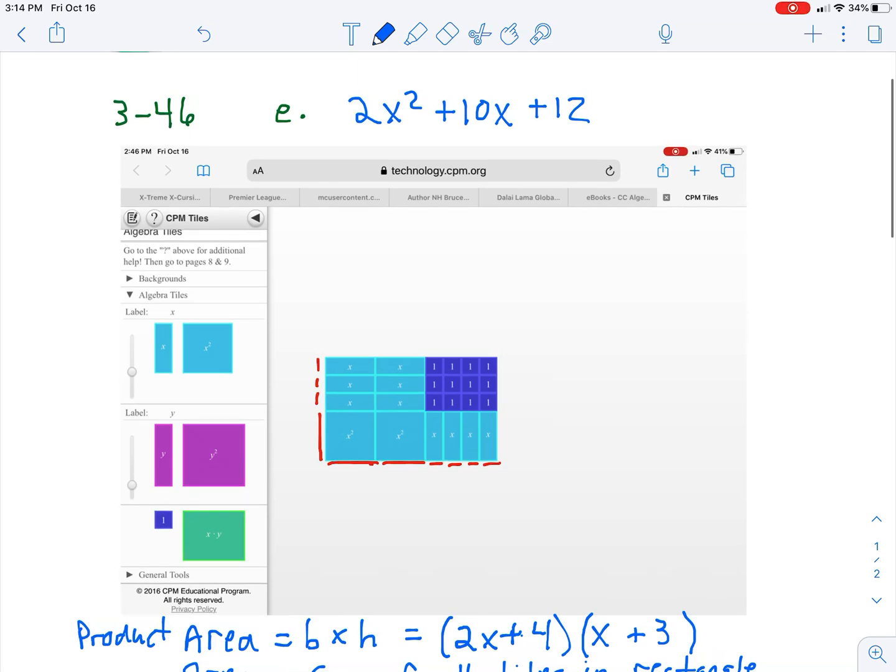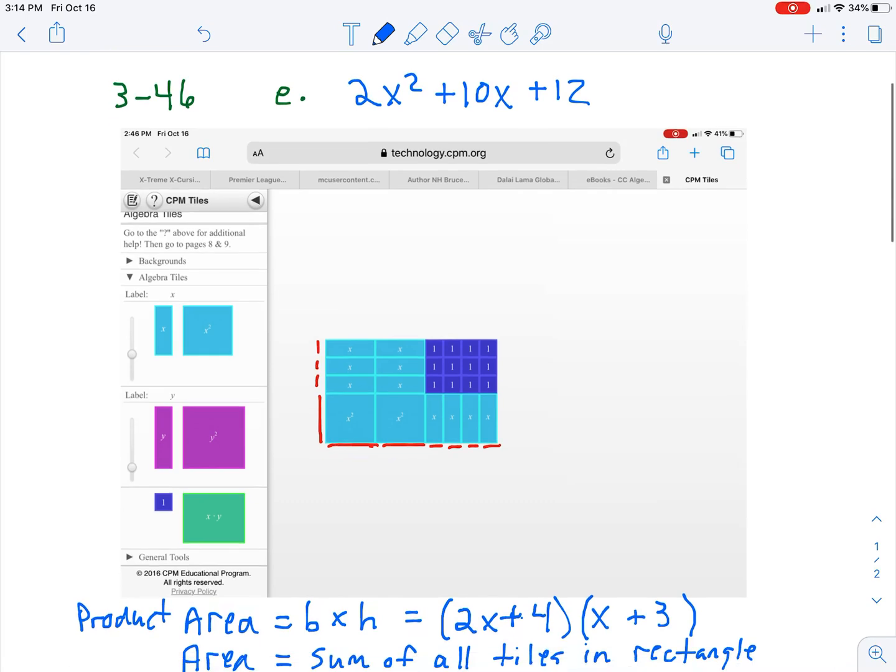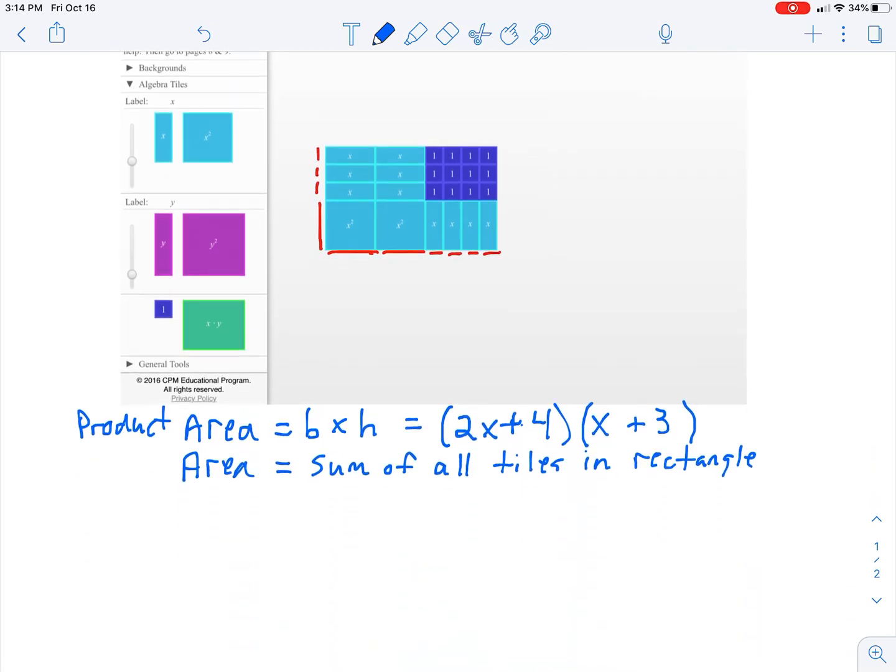It's the equation. I have 2 x square tiles, and the name of the tile is the actual area of it. So x squared, I got 2 of them, and then I have 10 x's, and I have 12 one tiles. So I already have the sum of all those individuals.